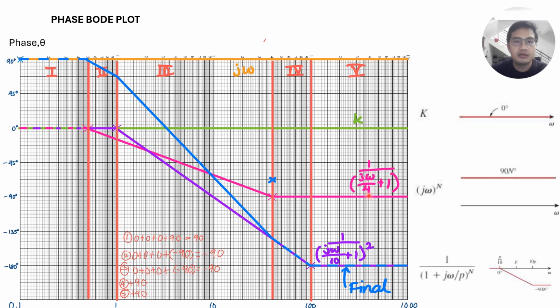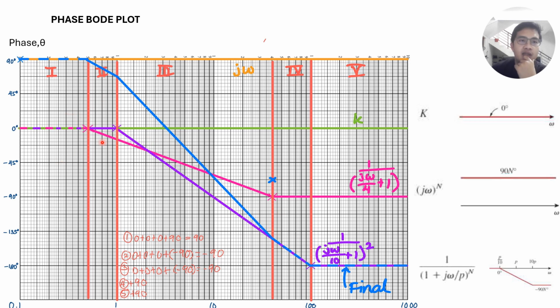So for jω over 4, we plot from 0.4 until 40, and then for jω over 10, from 1 until 100, because for the denominator, for the first part we have to divide by 10, and then for the second part we have to multiply by 10. So that's why we get it.